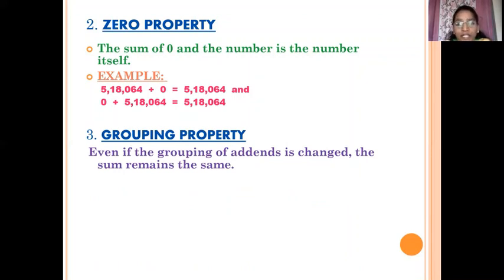What do you mean by grouping property? Let's see. Even if the grouping of the addends is changed, the sum remains the same. That means here we'll take more than 2 addends, right? And when you group them, you try to add the first 2 numbers, then to the sum, you want to add the third large number, then you get the same sum if you regroup them.